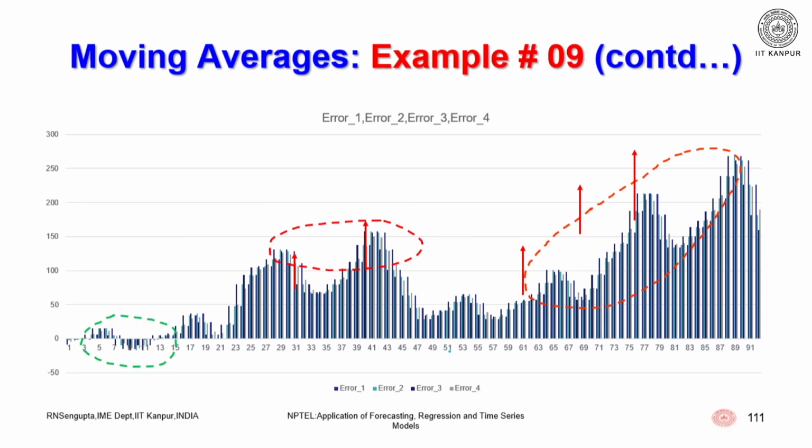And that point is further clarified by the fact that if I see the error starting from 50 and going to about 90, the error explodes, which means the concept of variability is playing a big part such that there are trends.